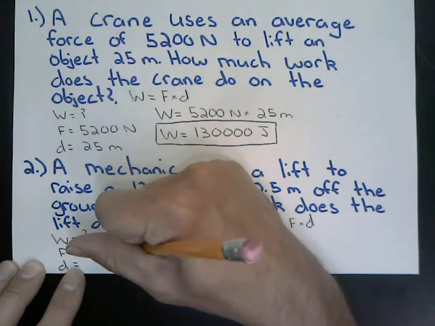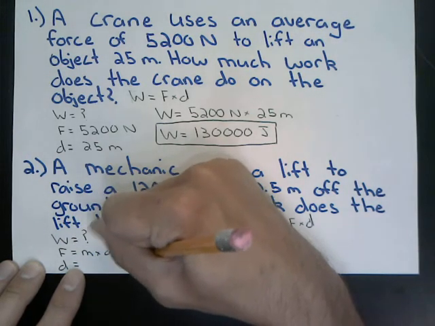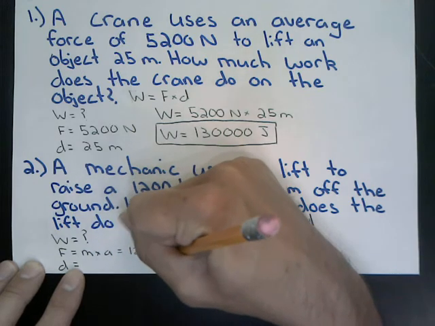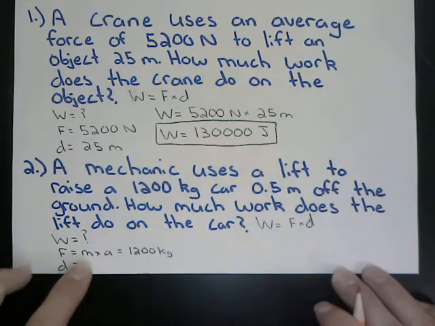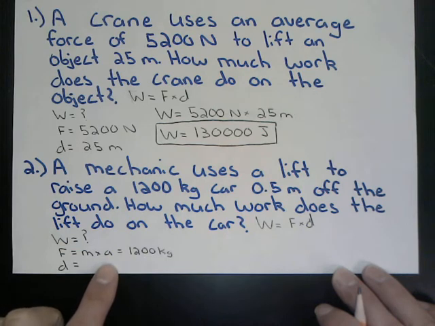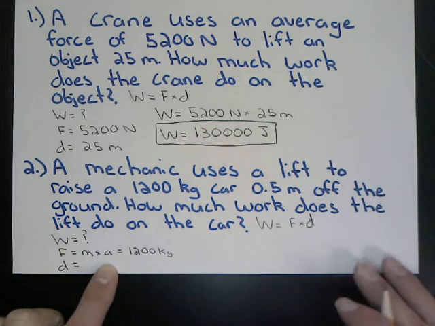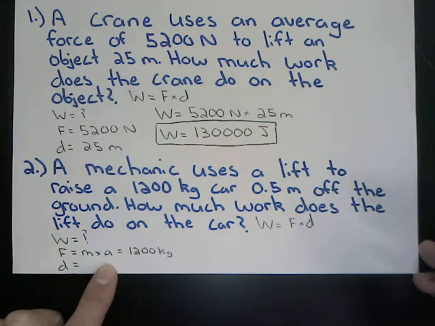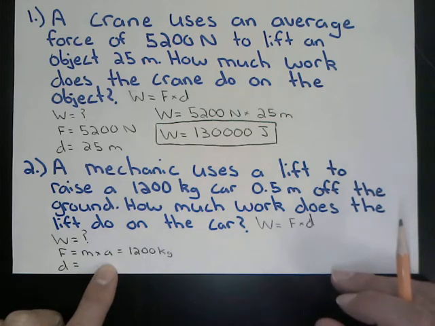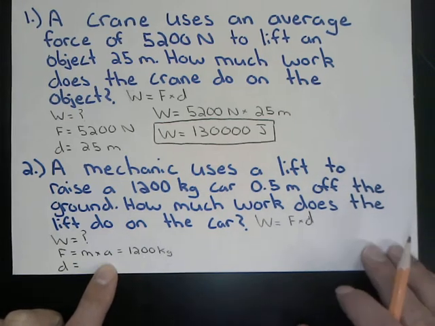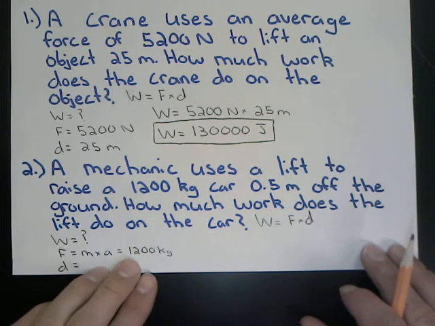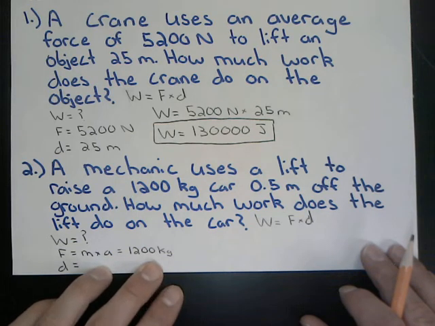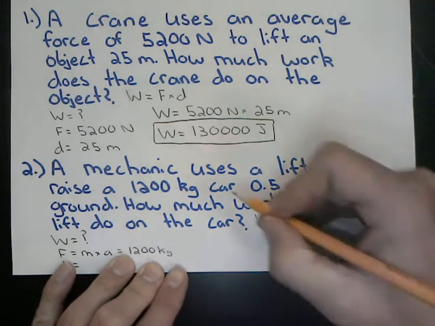So our mass is 1,200 kilograms, and then this is the part that you may not think you have, but the acceleration. We're talking about a car on Earth. We haven't sent a car to Mars yet, and so what we need to do here is multiply it by the acceleration due to gravity.